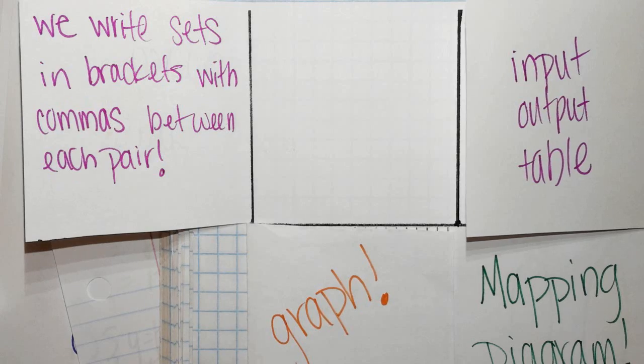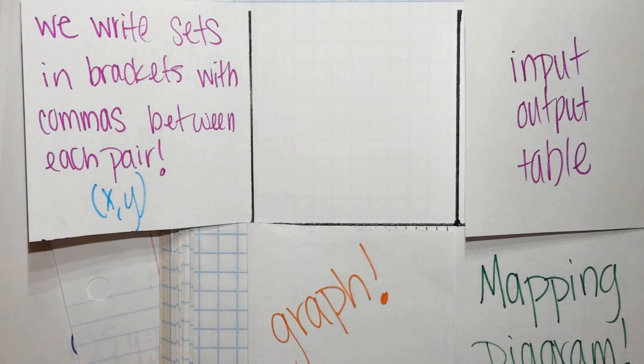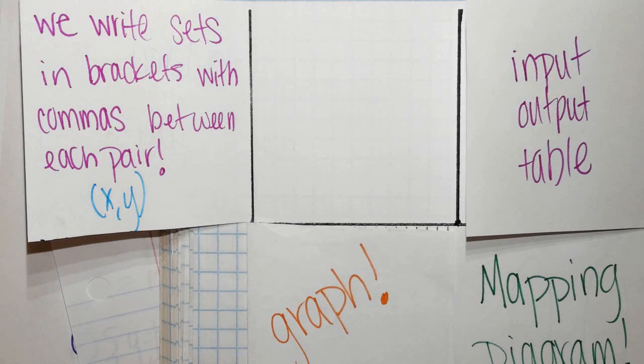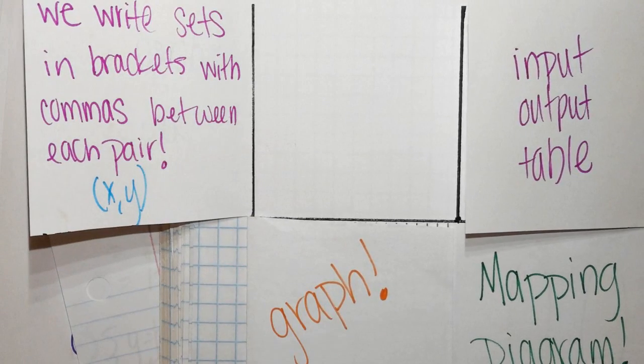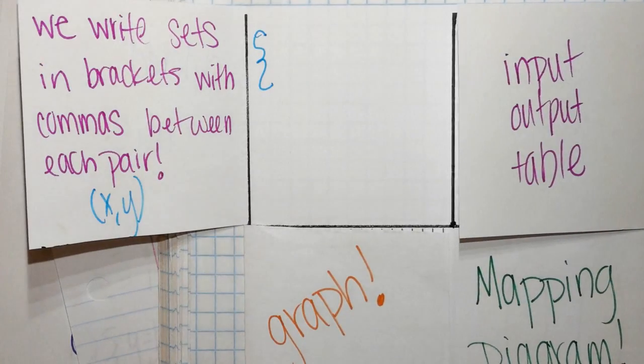And a pair has how many values? X and Y. Fantastic. And that was one of our examples. Now, please go ahead and write your bracket. Remember, it's an S, then a curve, too.